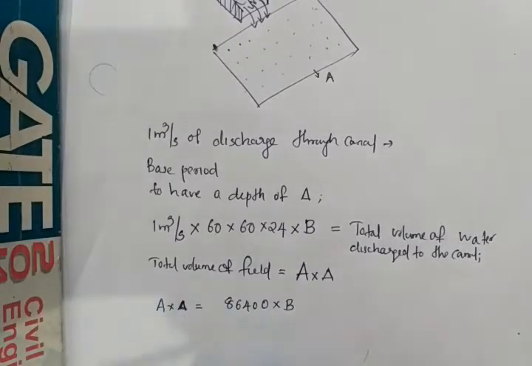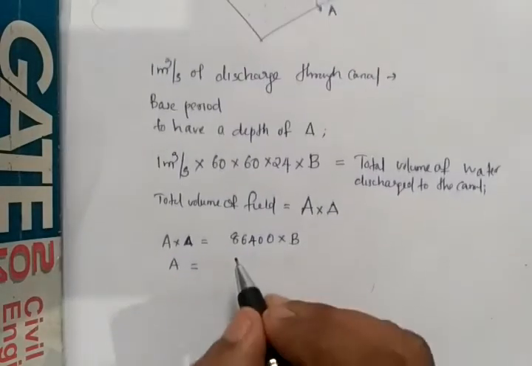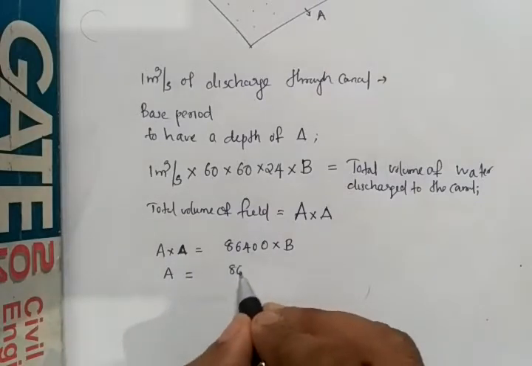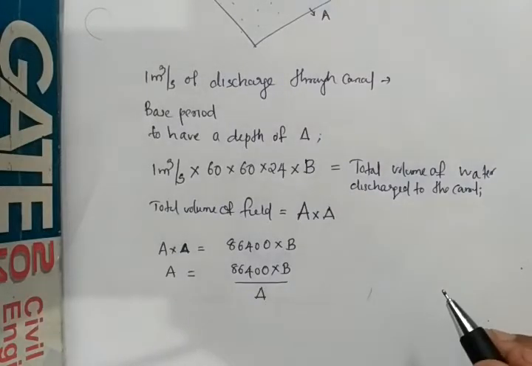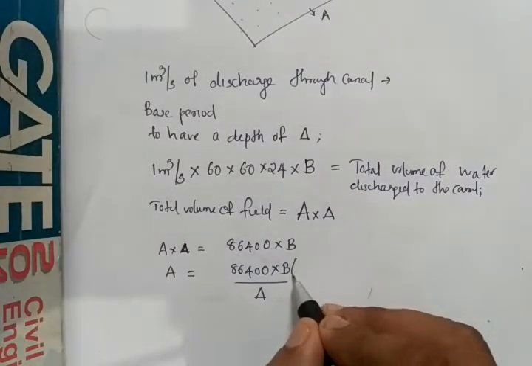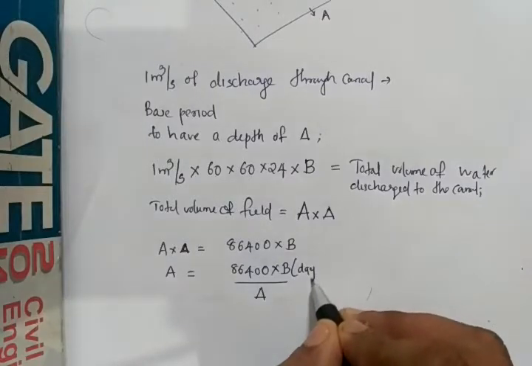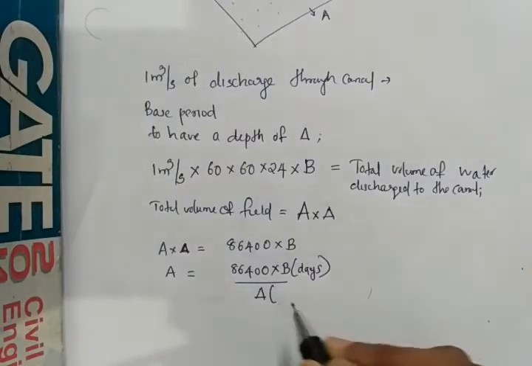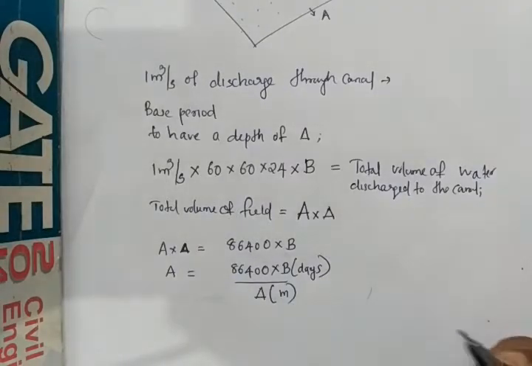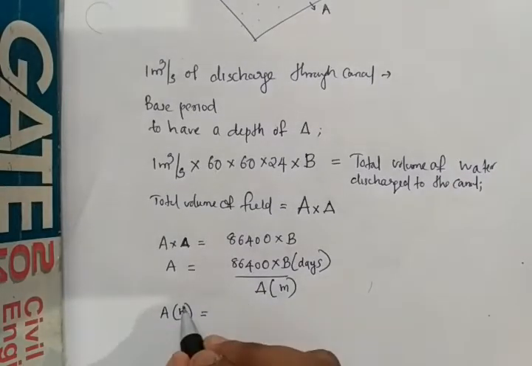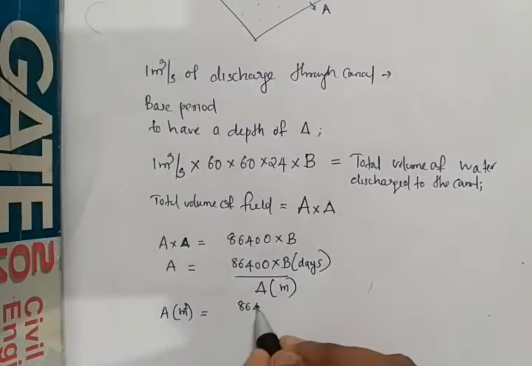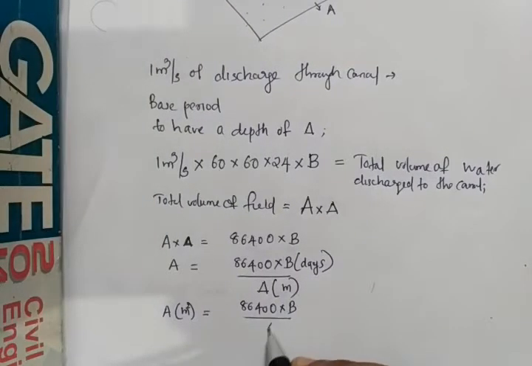Okay, so A is equal to 86400 into B divided by delta. Here B is taken in days and delta is in meter. So you will get area in meter square is equal to 86400 into B divided by delta.